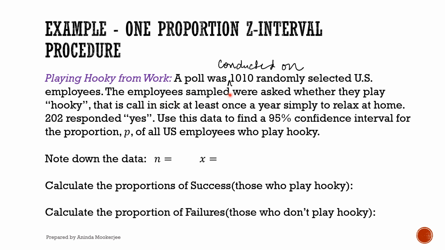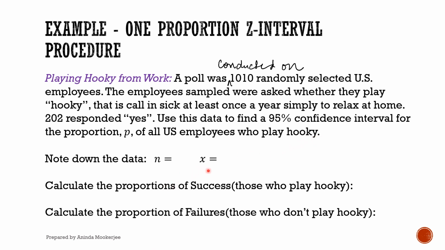The employees sampled were asked whether they play hooky, that is, call in sick at least once a year, simply to relax at home. Now, 202 responded yes. So 202 members met that specified attribute. That was the success. Use this data to find a 95% confidence interval for the proportion P of all US employees who play hooky.